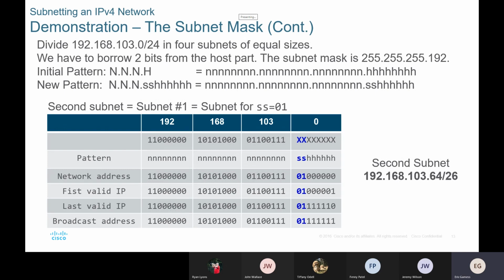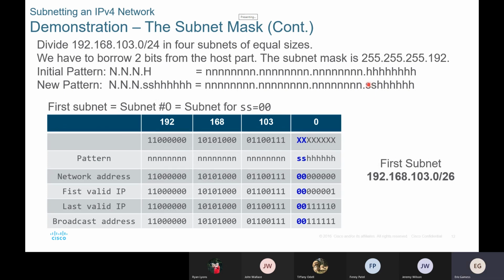So let me go back to the first subnetwork. We have these 2 bits in 0, 0. Everything that I will talk about, these 2 bits have to be 0, 0, because we are in the first subnetwork. So we need to determine the network address, the broadcast address, the first valid IP address, and the last valid IP address.